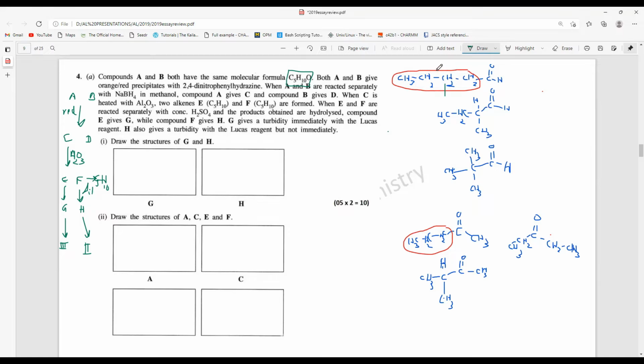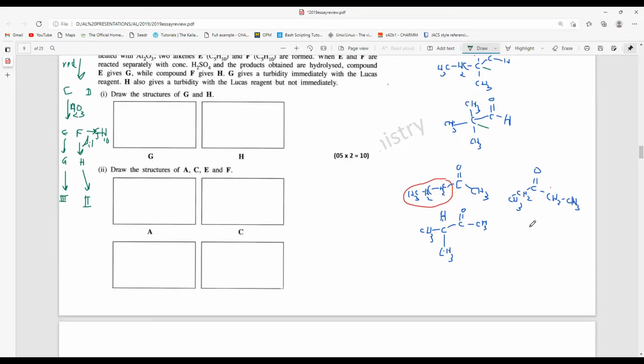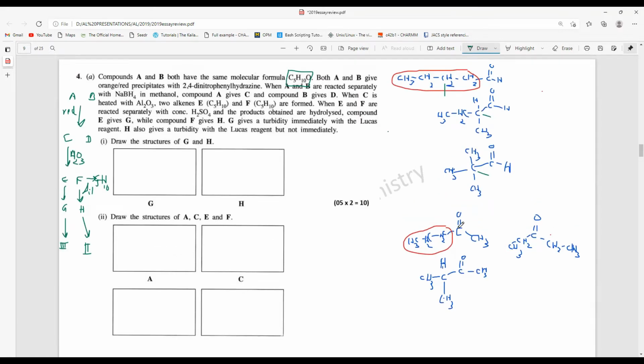And I can manipulate this entire chain to form the tertiary carbon. This is a secondary carbon now. This is a tertiary carbon with 3 alkyl groups. This is a secondary carbon with 2 alkyl groups. So these 2 are basic structures. When you consider the ketone, again, I can draw 3 different compounds.